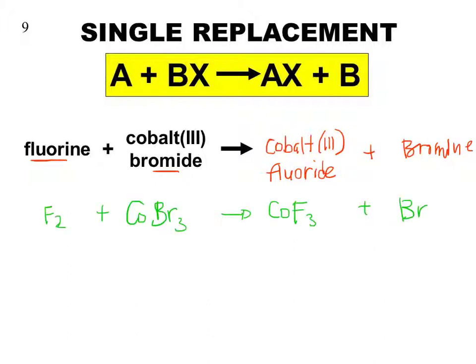You end up with F2 for fluorine plus CoBr3 for cobalt 3 bromide yields CoF3, which is cobalt 3 fluoride, plus bromine, and it has to have a 2 because bromine is a diatomic molecule. And if you notice, what we swapped was the metal. The metal went from bromine to fluorine. And let's go ahead and balance this. So if you end up balancing this, your final answer should be 3, 2, 2, 3.